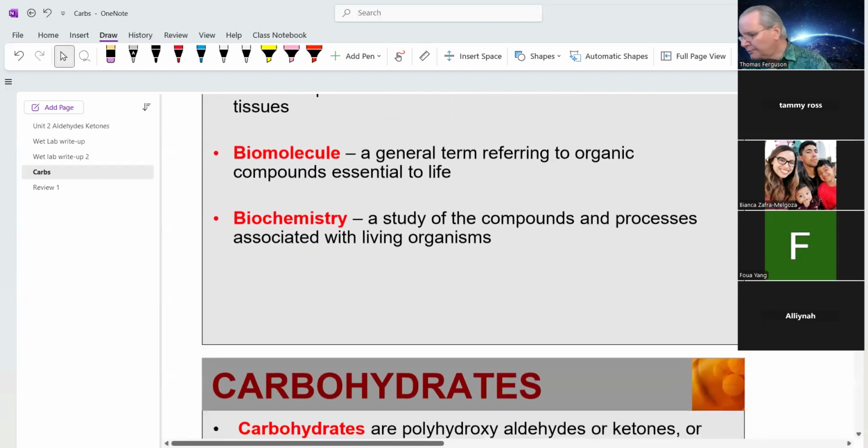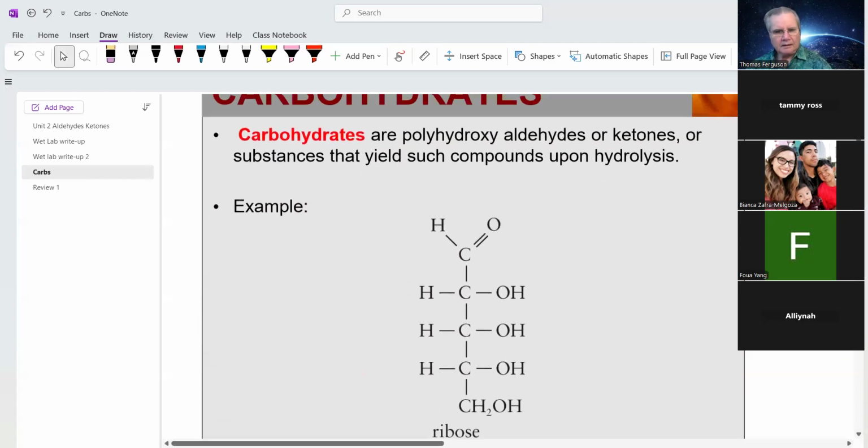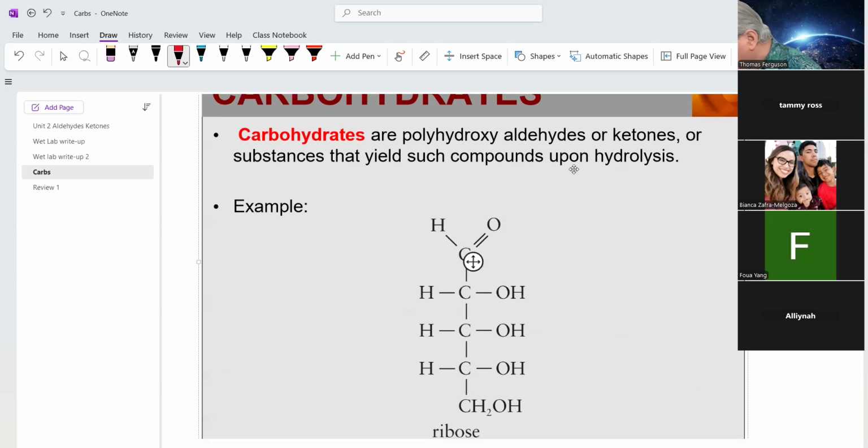So a biomolecule is a general term. Biochemistry is a study of that biomolecule. Okay, so always remember this part. Carbohydrates are polyhydroxyaldehydes and ketones.